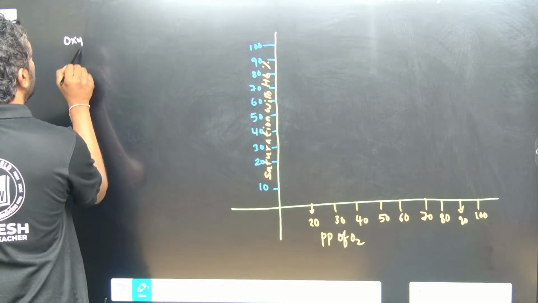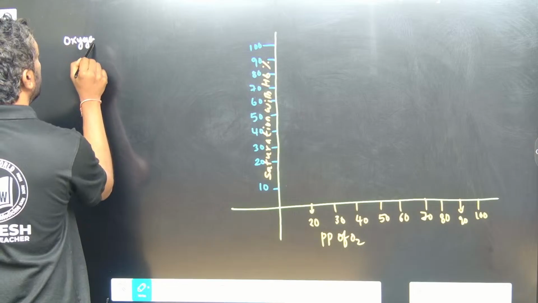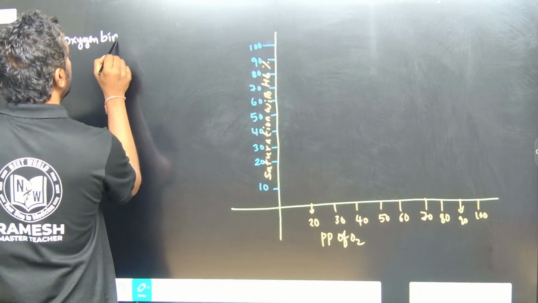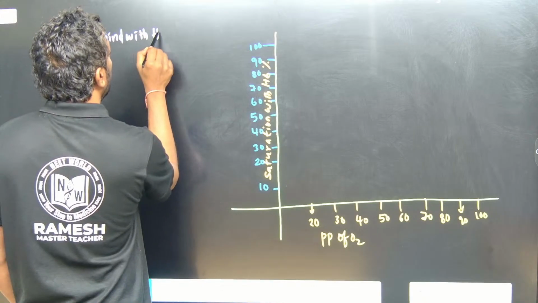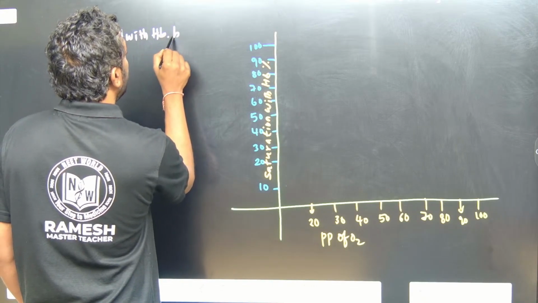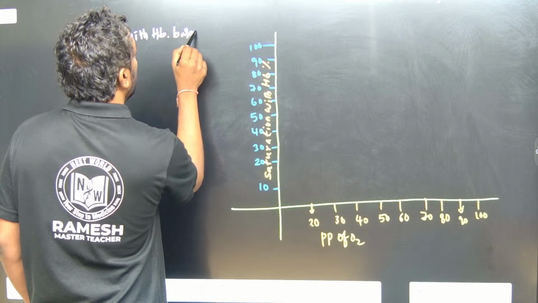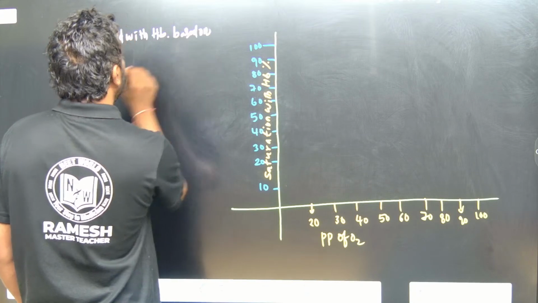Oxygen binds with hemoglobin based on partial pressure.